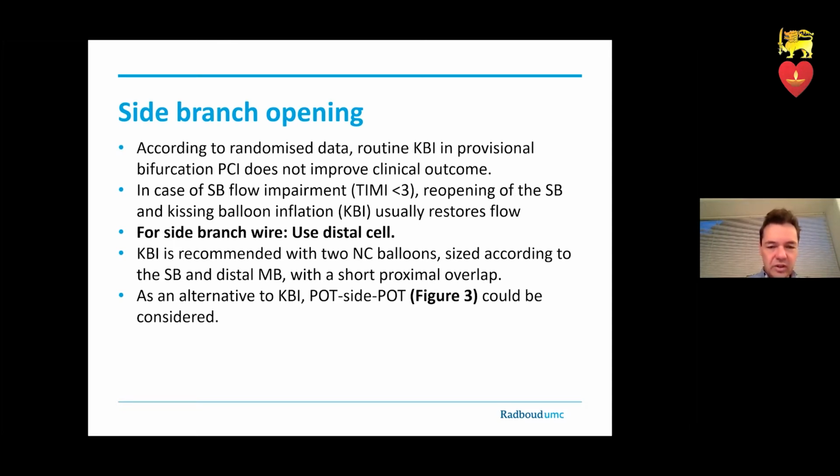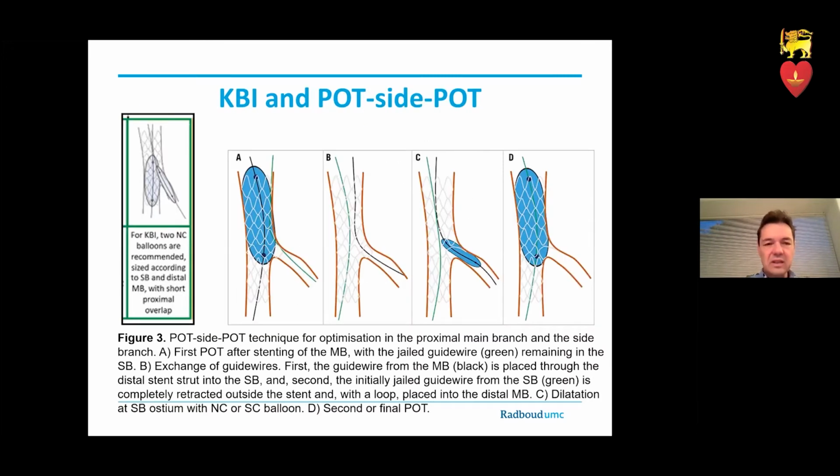There's an alternative to kissing balloon, POT-side-POT. I will show you that also could be considered. So this is the kissing balloon and the POT-side-POT. Here we have proximal optimization first, then the side branch, and then again, if you inflate the side branch balloon, you might malpose, disengage the struts in the opposite direction, and that's why the POT is done a second time.